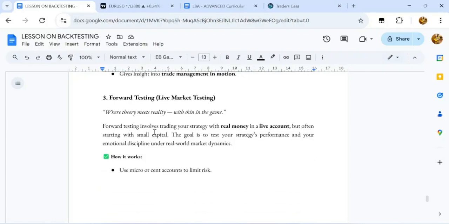So what is forward testing? It involves trading your strategy with real money in a live account, but often starting with small capital. When you have done live testing, you can also upgrade to this. Now I'll tell you for free that there are two types of forward testing. You can forward test using a demo account, MT5 MetaQuotes demo, right?